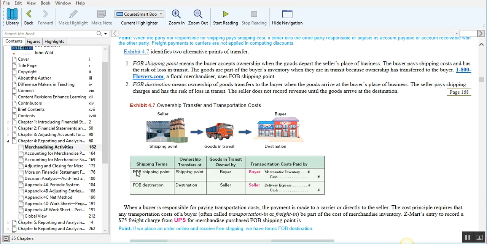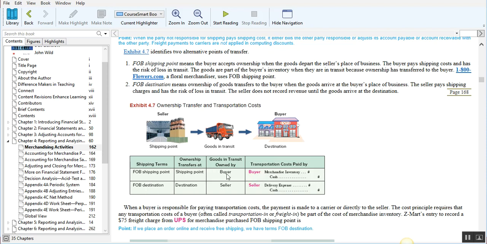So if it's FOB shipping point, that means that the buyer is actually going to pay not for the goods, but also pay for the shipping. If it's FOB destination, that means the seller pays for the shipping when it loads it up and sends it out.